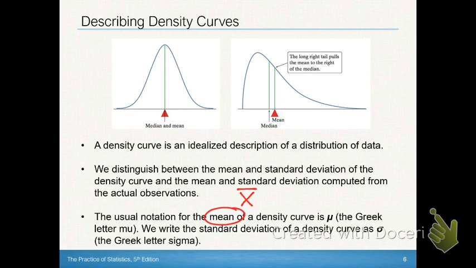When we move over to density curves, which is this idealized idea of what the population might look like, we switch to the symbol mu, which is a Greek letter. And similarly, back when we were looking at actual data that we collected and we found the standard deviation, we were using the letter s for standard deviation. When we switch over to a density curve, we switch over to using the Greek letter sigma.